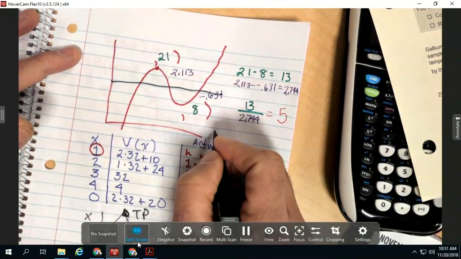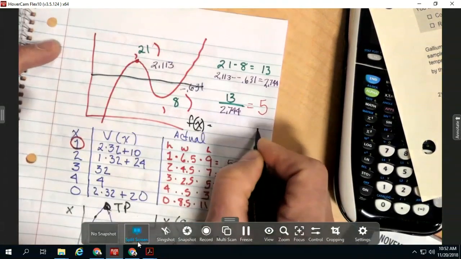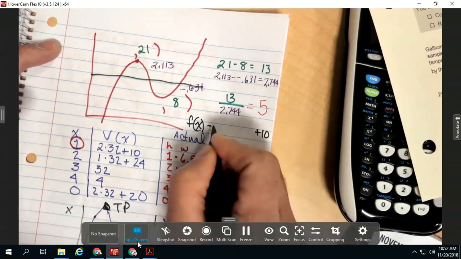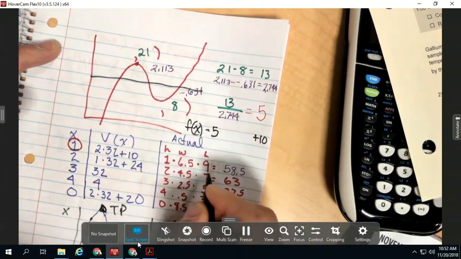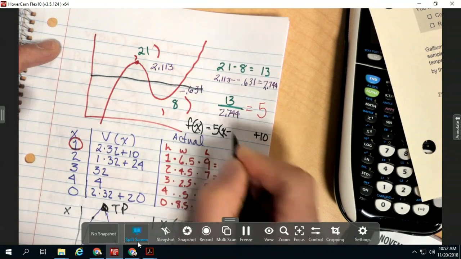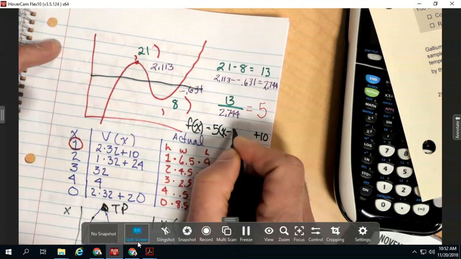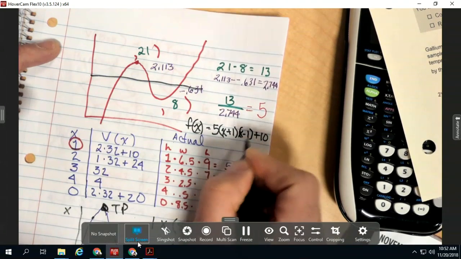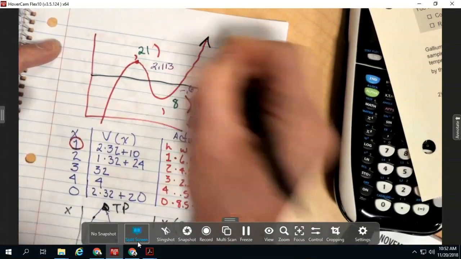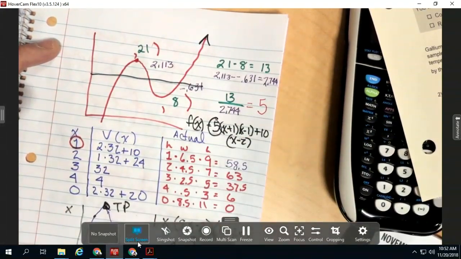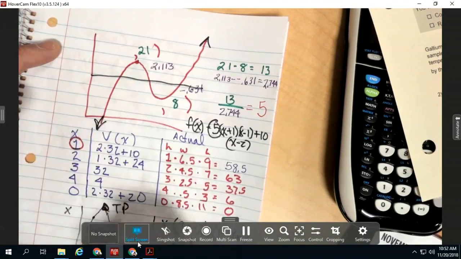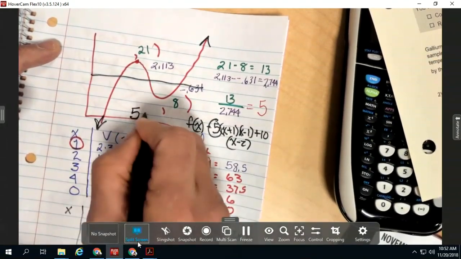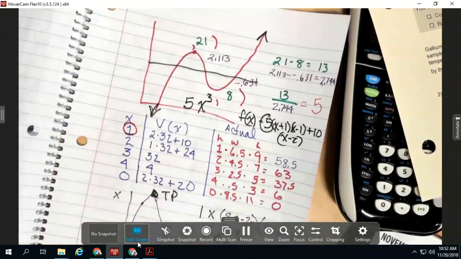Do you remember? f of x equals something plus 10 was the last thing. 5 x minus, x plus 1, x minus 1, x minus 2. So it ended up, that's because of the 5, and it ended down on this side because the highest power is 5x to the third. Got it?